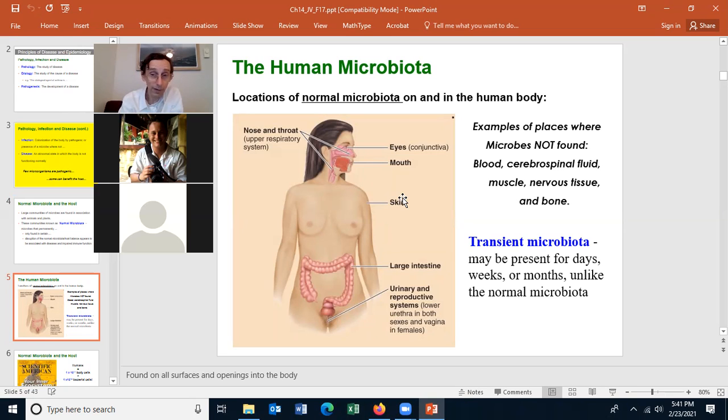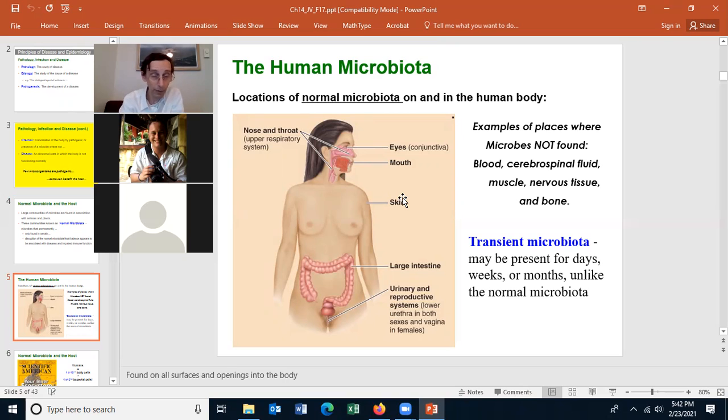Fortunately for me, it was only transient. It didn't become a part of my normal microbiota. The next time I sampled my skin, a few months later, I didn't have any Staphylococcus aureus. So it was transferred to me from my aunt, and it became a transient microbiota, but it eventually went away.